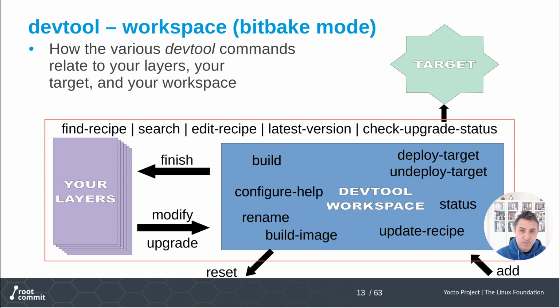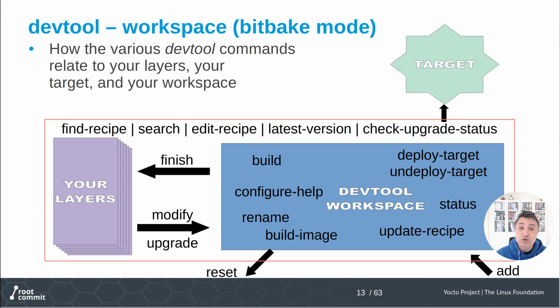Then you can run commands to experiment with this recipe, such as Devtool build to make sure that your recipe builds, or Devtool build image to build an image with the packages from the recipes in your Workspace. Devtool deploy target will take care of transferring the recipe build output to your target system, typically for testing. And then, when everything works, you can use Devtool finish to push all committed changes to a layer that you specify and remove the recipe from the Workspace.